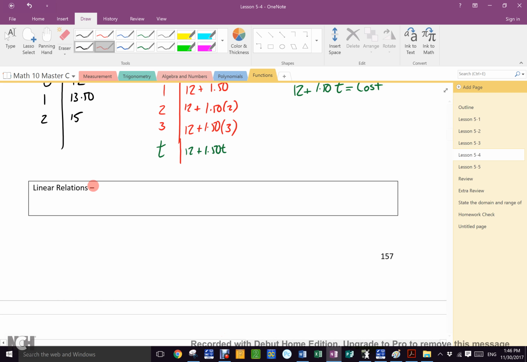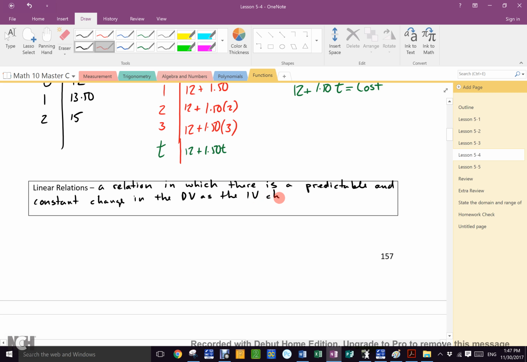A linear relation is a relation in which there is a predictable and constant change in the DV as the IV changes.